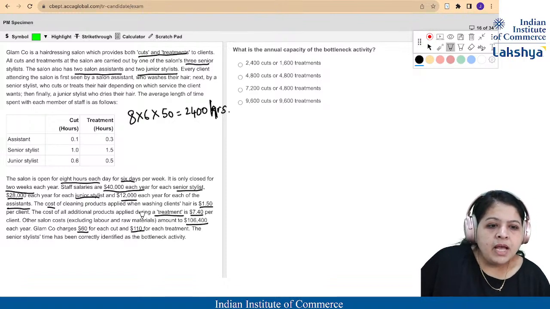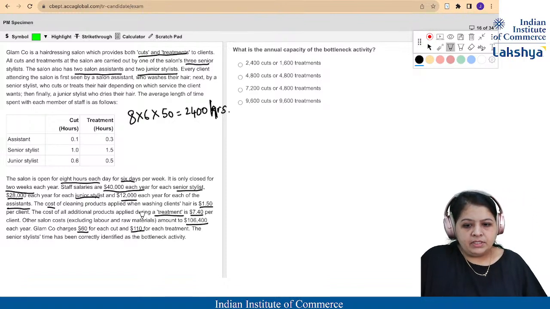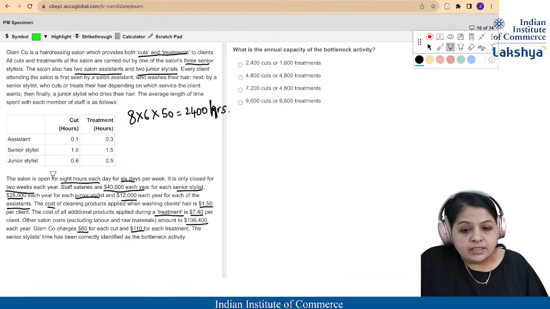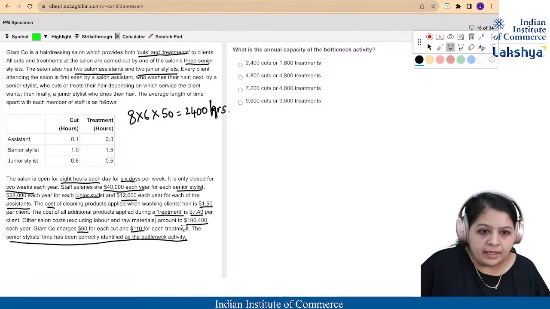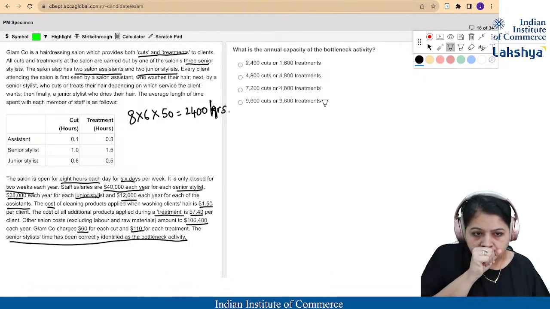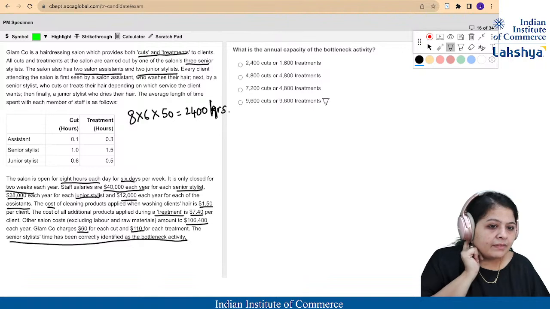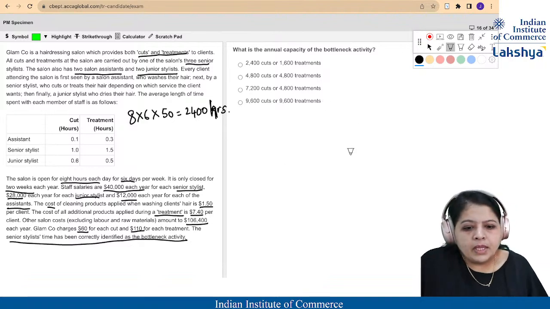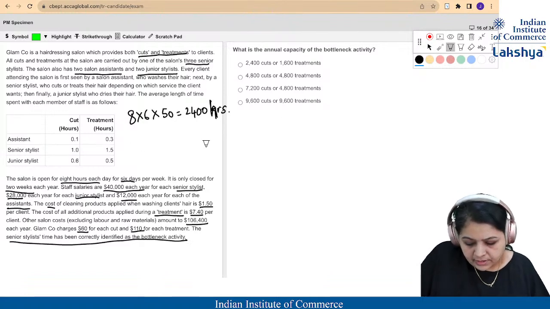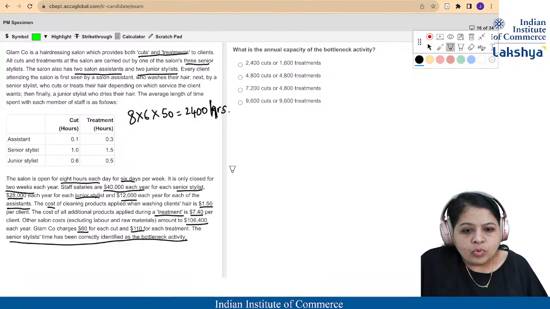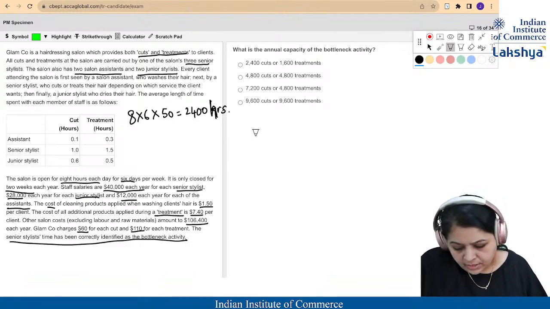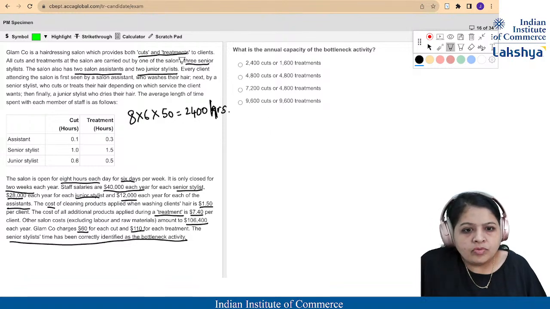First question is, what is the annual capacity of the bottleneck activity? The question says that the senior stylist has been correctly identified as the bottleneck activity, right? Now, the senior stylists are working each of these days, and therefore we have a total of three.